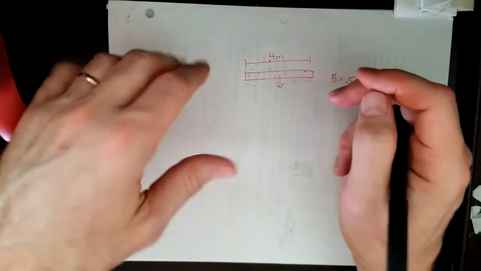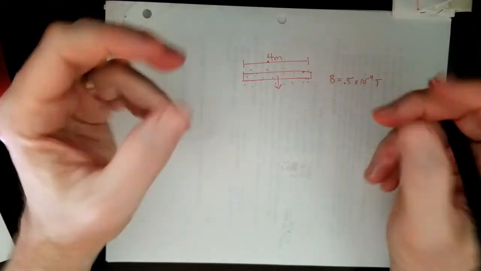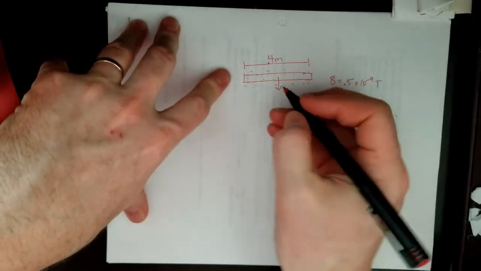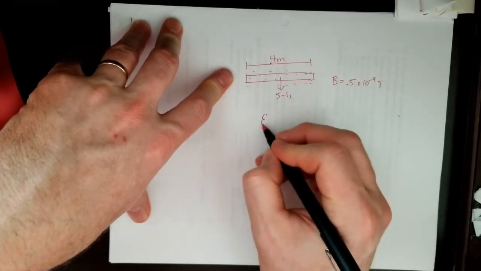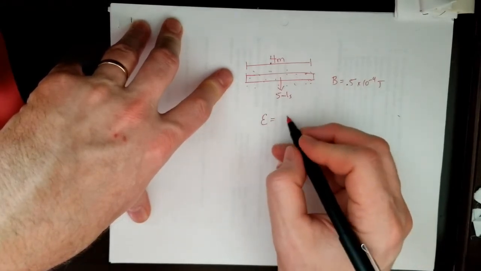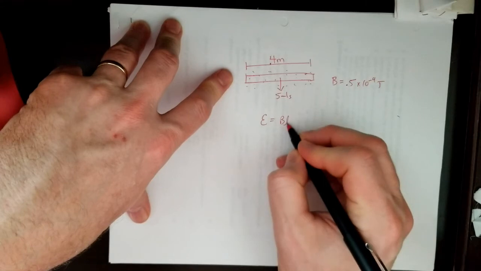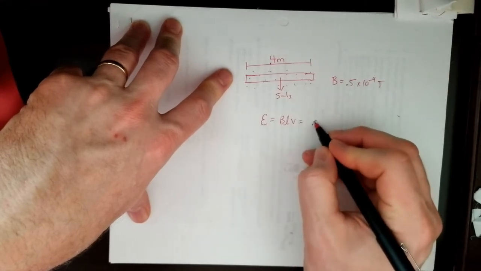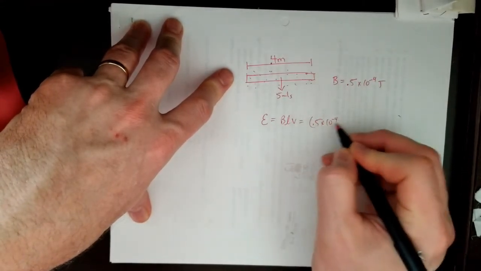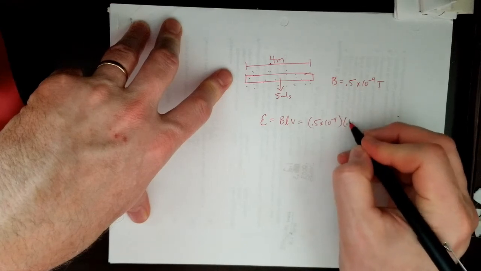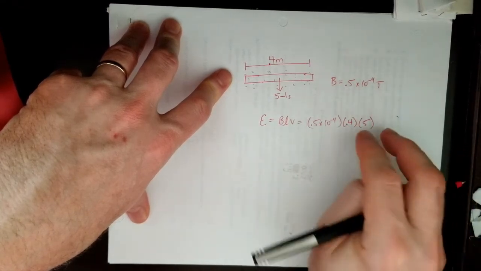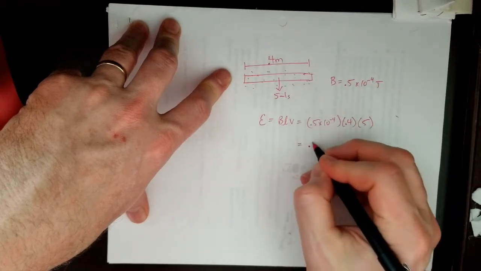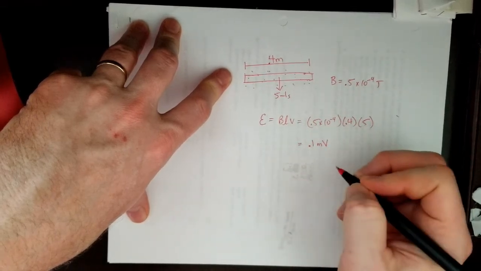When I first drop it, it doesn't have any speed when I first let go, but it does pick up speed. So let's assume it's going at some point 5 meters per second. Then the induced EMF is going to be 0.5 times 10 to the negative 4th times 0.4 times 5. And so that's 2. So we end up with 0.1 millivolts.